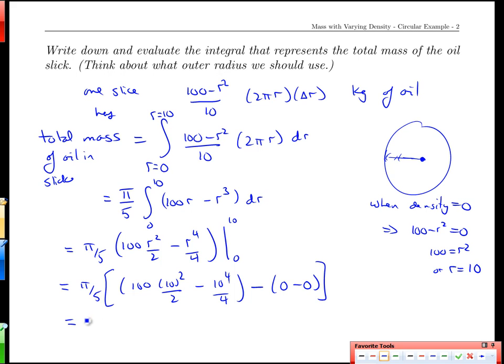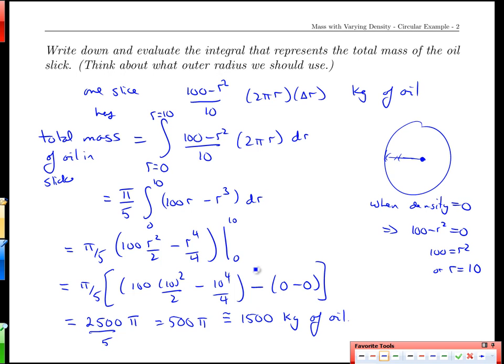And that gives us, if we get our calculator out, we can solve this. We will get 2,500 pi's, because we have 10,000 and 10,000 if you look at the cancellations. 2,500 over 5 times pi, or 500 pi's, or about 3 times that, so approximately 1,500 kilograms of oil.